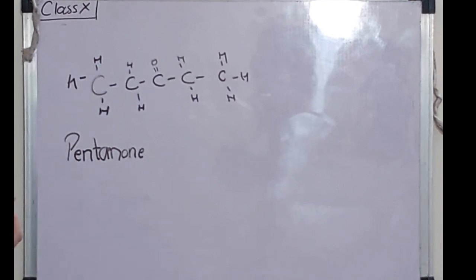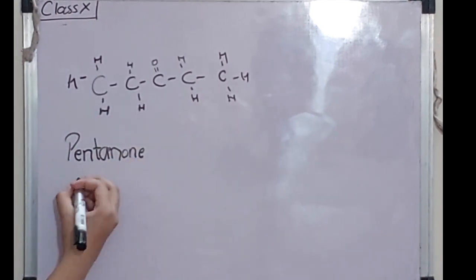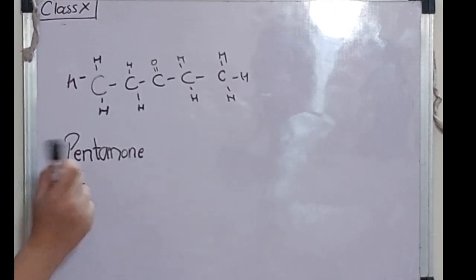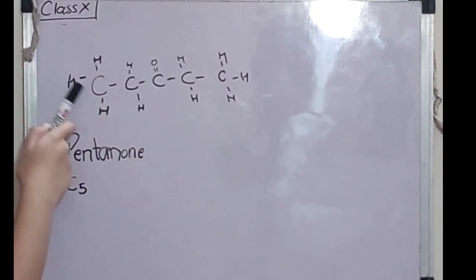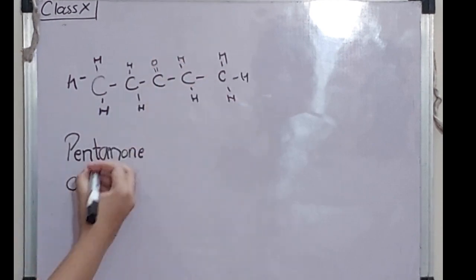Now tell me, how are you going to write its molecular formula? तो इसका molecular formula में you will do what? पहले नंबर ऑफ कार्बन सारे लिख दो, तो C5. फिर नंबर ऑफ हाइड्रोजन सारे लिखो, 1, 2, 3, 4, 5, 6, 7, 8, 9, 10.